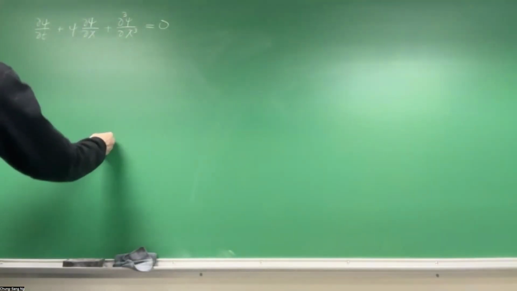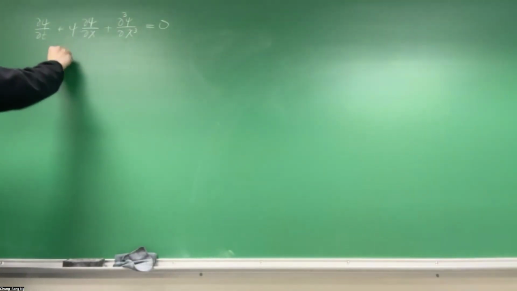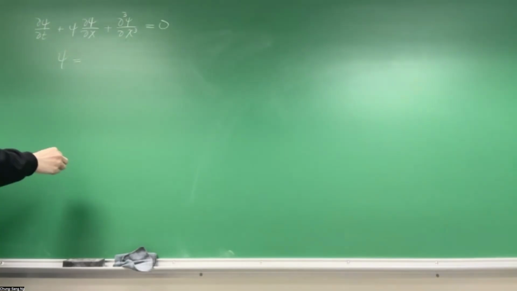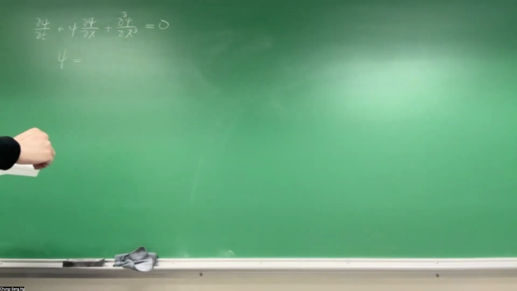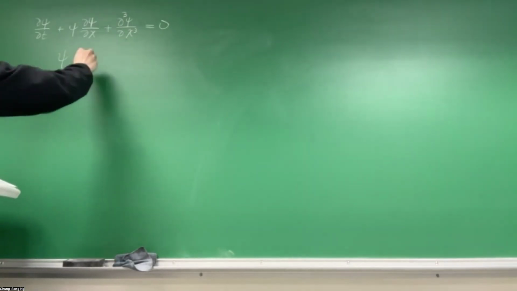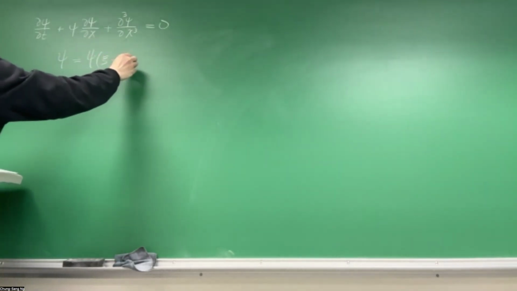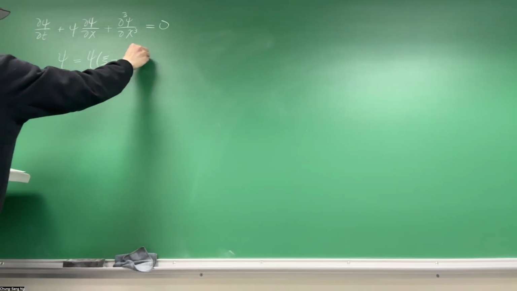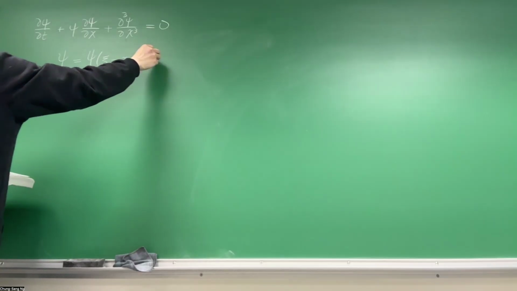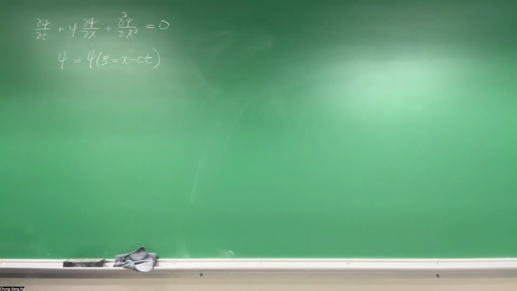So the form we assume is psi as a function of xi, as the textbook uses, where xi is defined as x minus ct. This c is to be specified as a parameter of your problem.